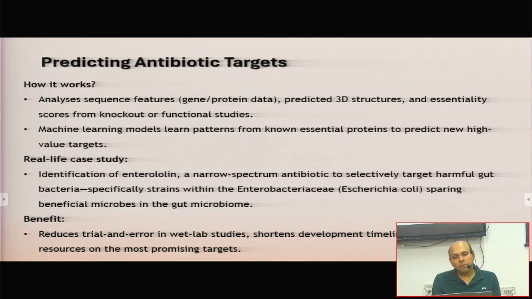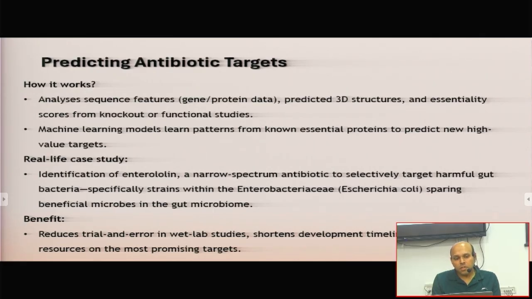So predicting antibiotic targets, how it works is by analysis of sequence features, whether it is gene or protein data, then predict 3D structures, and then scores from knockout or other functional studies, machine learning models learning patterns from known essential proteins to predict new high value targets. So identifying targets that were previously unidentified.